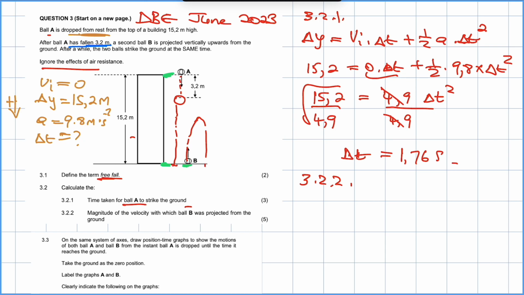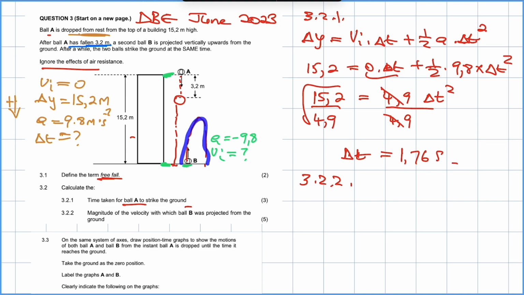We know if we choose up as positive, acceleration is negative 9.8, and VI is unknown, time is unknown. We don't know the maximum height that ball B will reach. So instead, we're going to try and work out the time it will take for ball B to hit the ground.